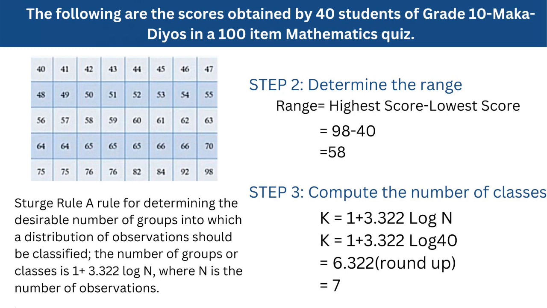So for our step 3, compute the number of classes. We can apply the Sturges rule, which is a rule for determining the desirable number of groups into which a distribution of observations should be classified. The number of groups or classes is 1 plus 3.322 log n, where n is the number of observations.